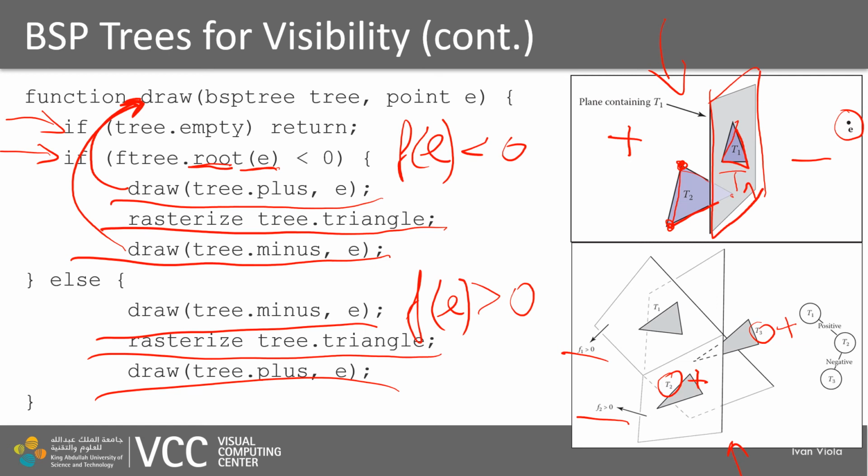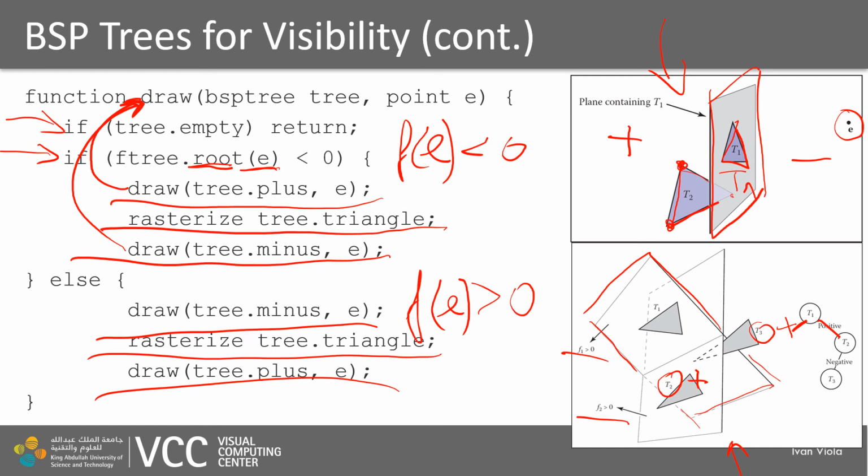As we can also see, this plane is somehow here, so our triangles are in front of it. Then we do not have anything on the left side. We have only some elements in the positive subspace.